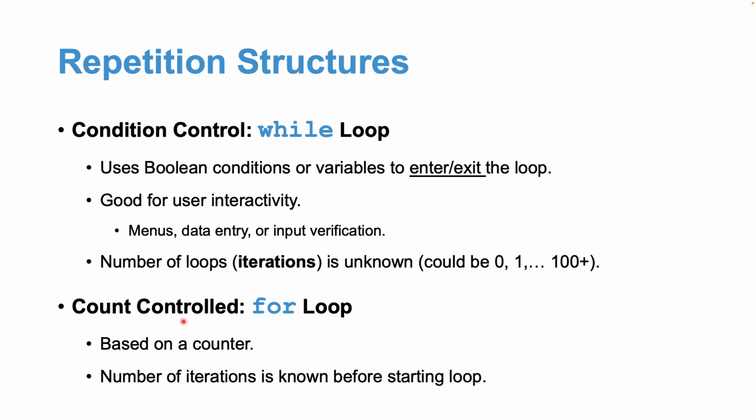In a count control loop, we basically have a specific number of times that the program or that statement is going to run. Now, in this chapter and in the next few sessions, we are going to show how we can write both types of loops.